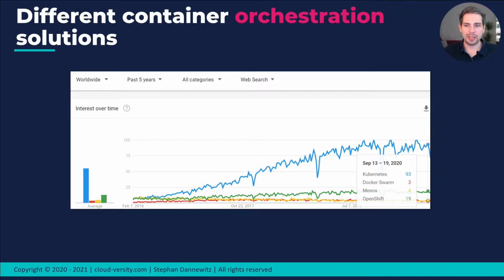But what you can see in the Google Trends picture I threw in here is that in the last 5 years, you can identify the clear winner of the whole orchestrator race. So Kubernetes, I would say, won the race here. That's why Kubernetes is so well known everywhere and everyone is speaking about Kubernetes nowadays.